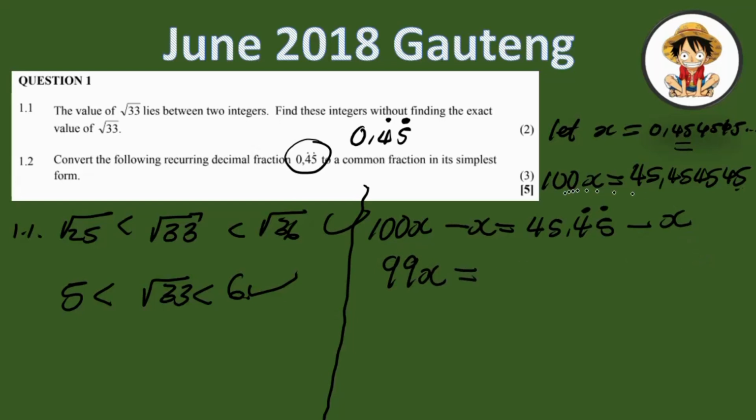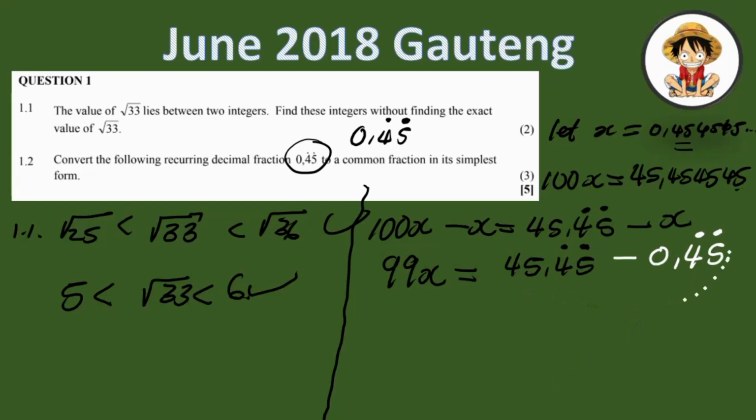But then here, I need to make these like terms. So what do I have? 45.45 that is recurring, and I subtract this number here. But what is x? x is the number that I see above there, which is 0.45, and the 45 is recurring this way.